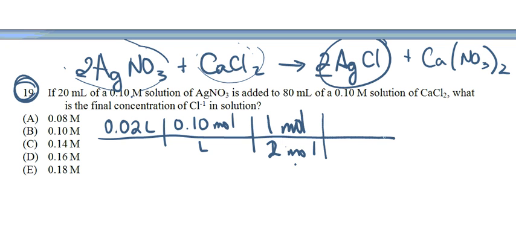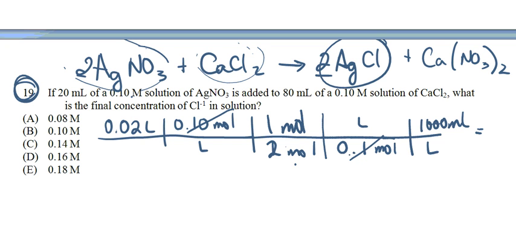And then I want to convert back into milliliters. So I have a 0.1 molar solution of calcium chloride. Okay, 0.1 molar. And then go back to liters. Okay. All right, so we know that that can cancel out. We actually have 0.2 divided by 2.